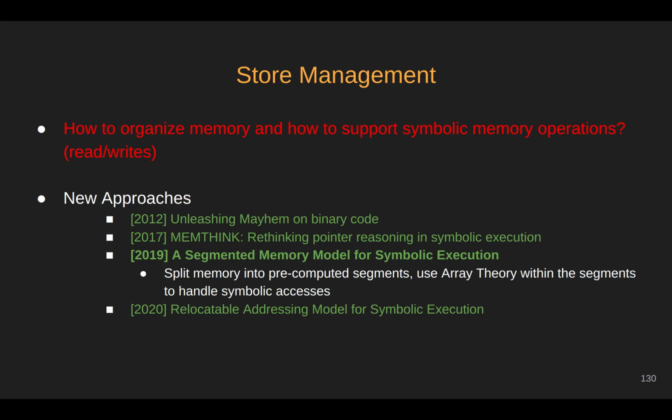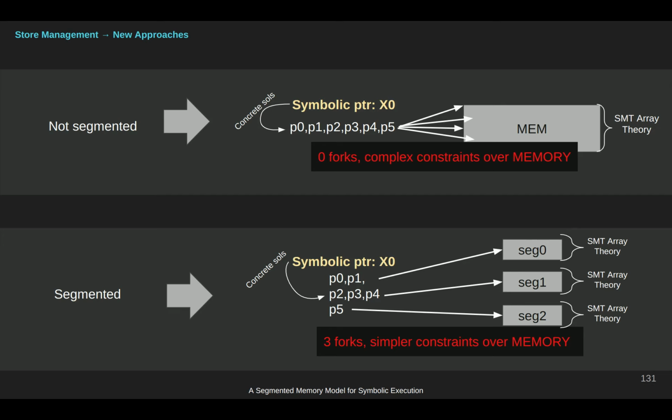This one I found a bit interesting. A segmented memory model for symbolic execution. It splits the memory into segments, and I'll show you in this example. In the flat memory model, you have memory as one array, and if you want to get some concrete solutions for the pointer, all of them fall within this big array.